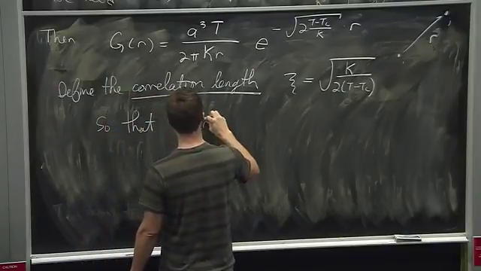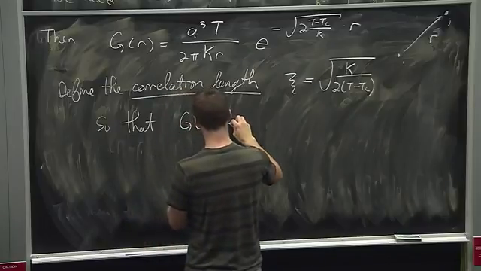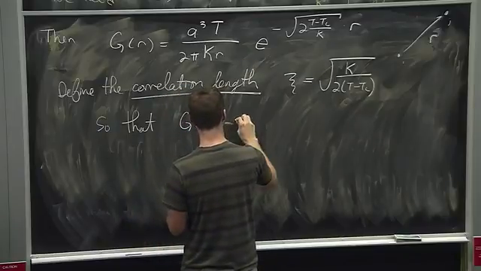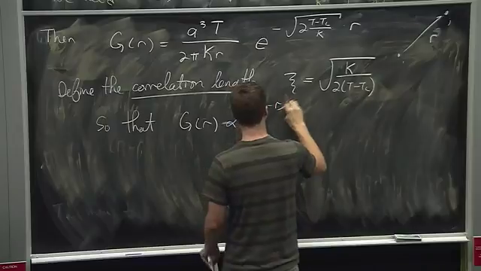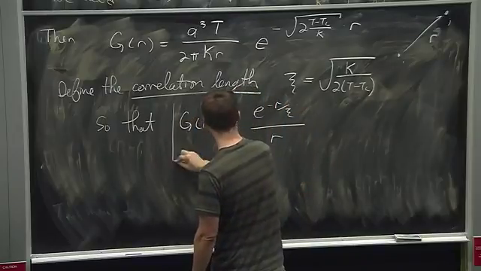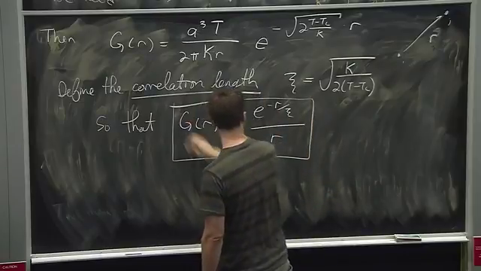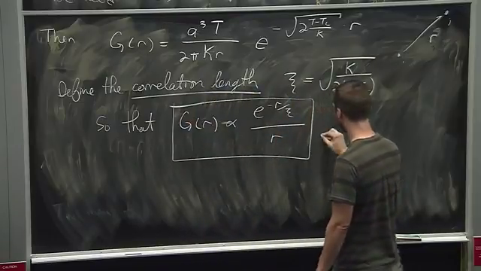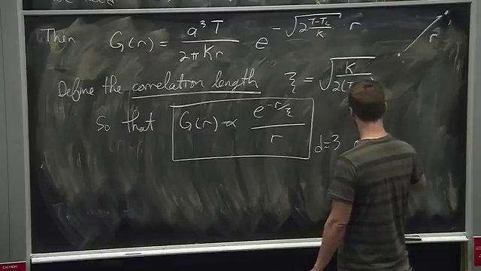So that G of R is proportional to, I don't know, e to the minus R over xi. And this is for D equals 3 only.